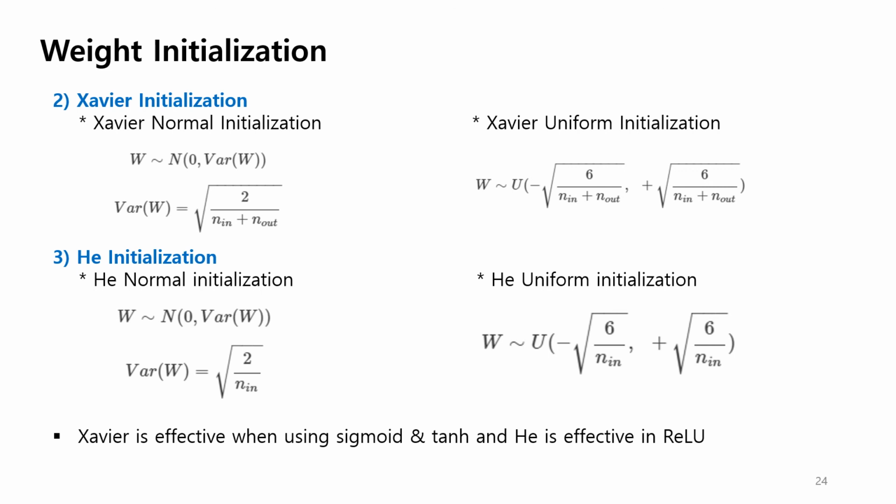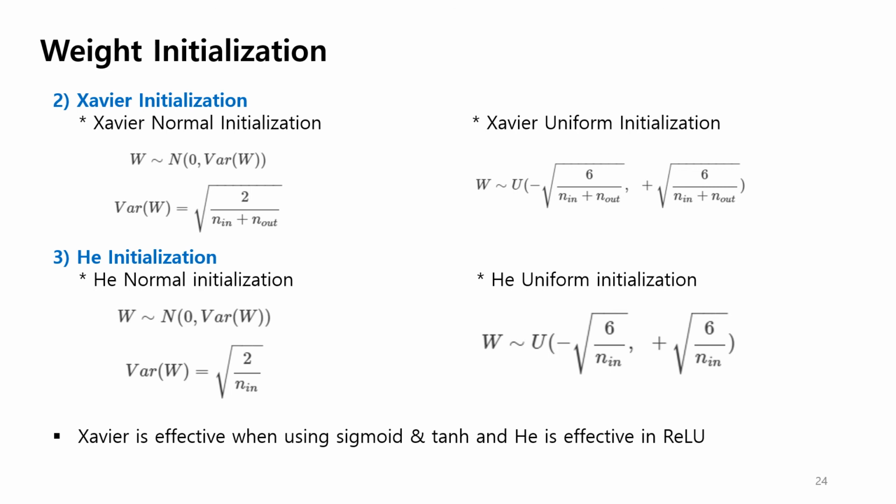The third one is He initialization. Okay, and it also has normal initialization and uniform initialization. So again, it's quite similar. The weight is chosen from a Gaussian distribution with 0 mean, and variance is given as this. And in uniform initialization, you choose weight from a uniform distribution between this and this.